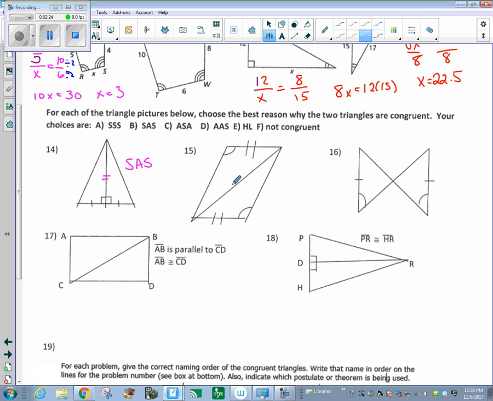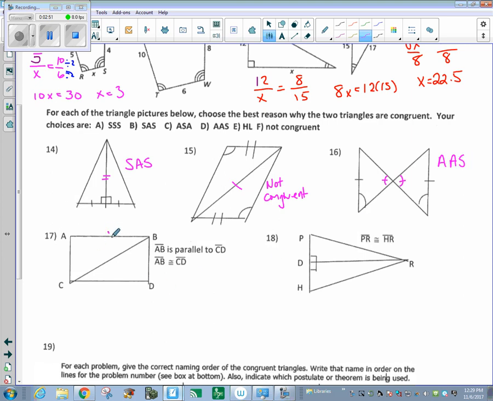Over here, the only thing I know is that I've got the reflexive side in here, and it looks like it is angle side side, which is not a property, so this one is not congruent. Over here, for 16, I can check that there are vertical angles. I know those guys are congruent to one another, and so I've got two angles and a side, and the side is not between the angles, so this guy is angle, angle, side.